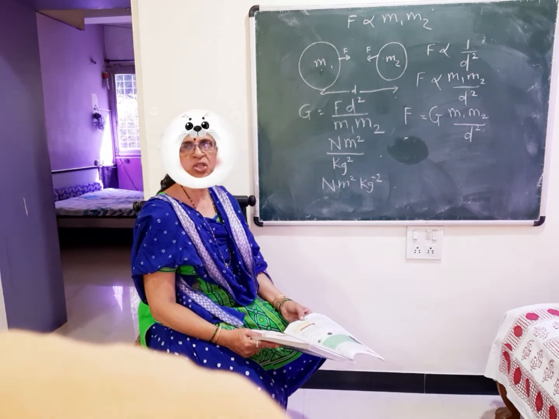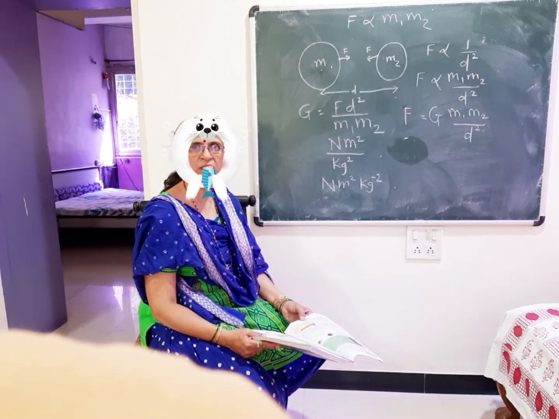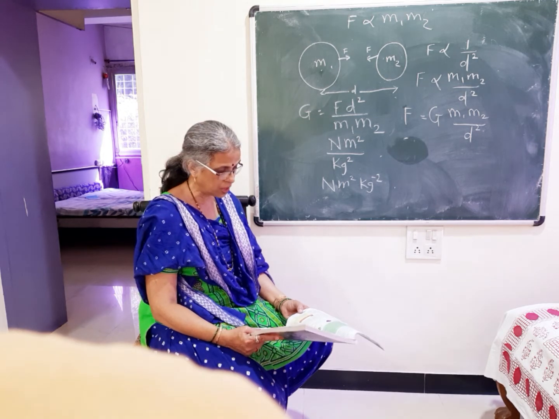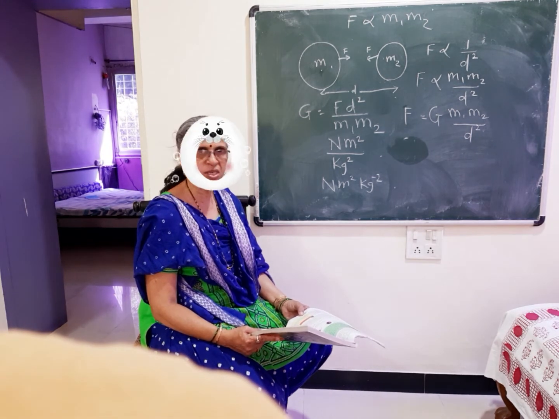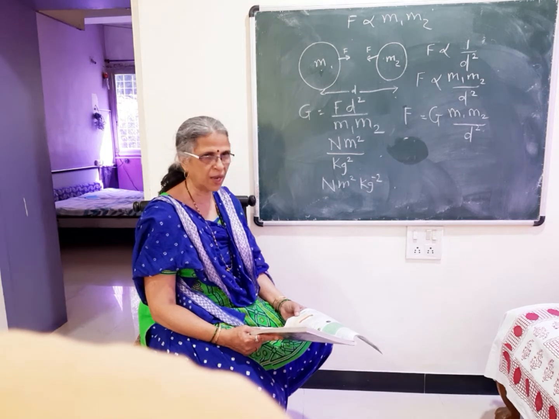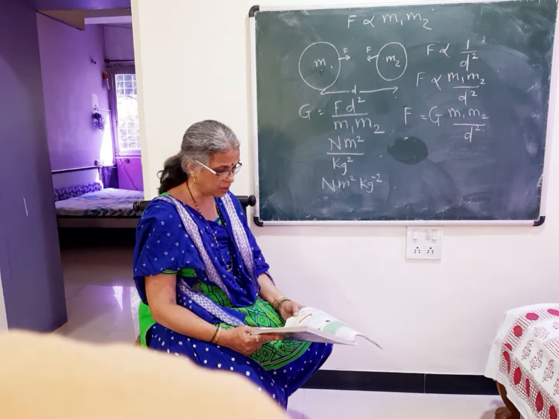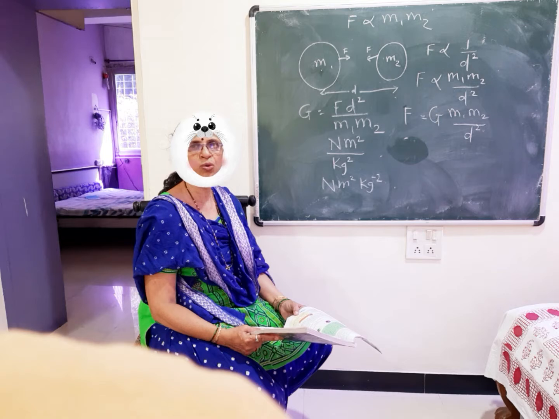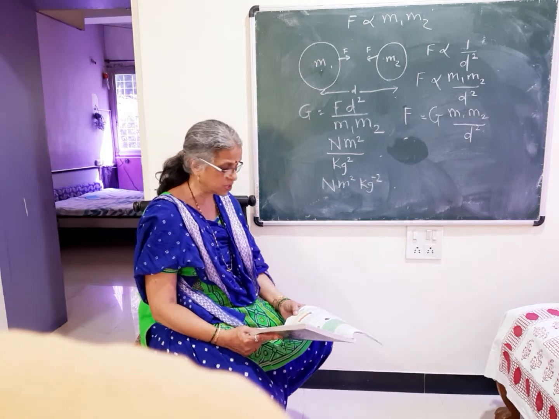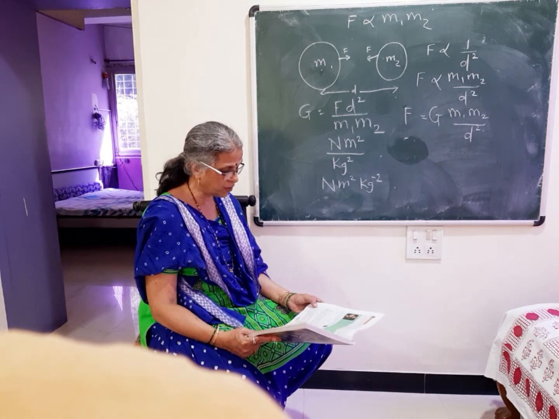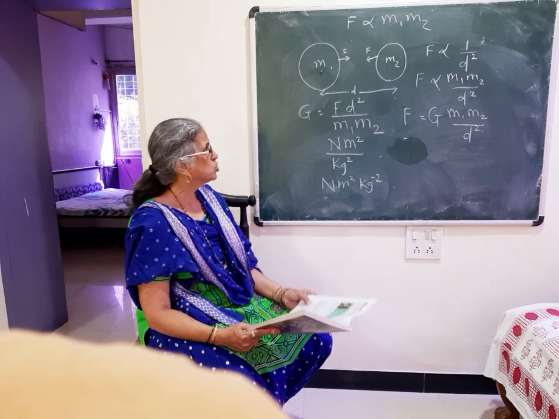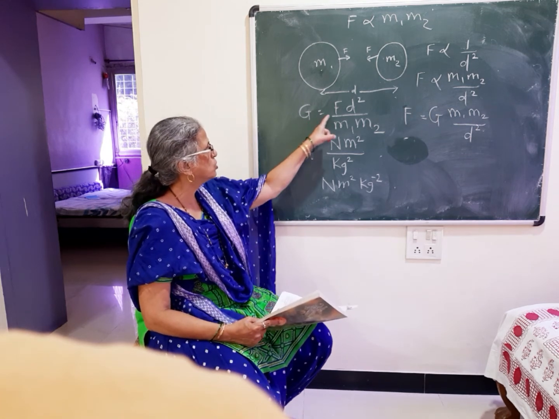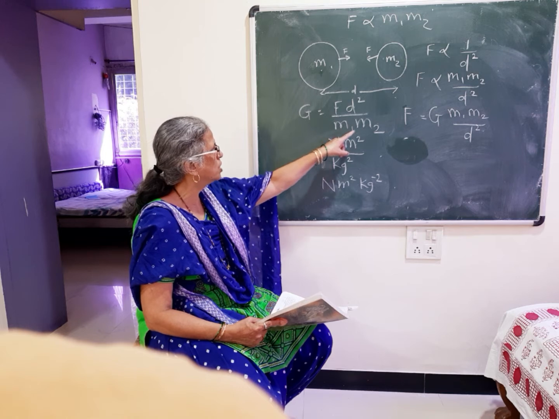The value of G is always constant everywhere in the universe, and that value they have given in your book, which is 6.673 into 10 raised to minus 11. Remember, because this value we are going to use while solving the problems. Then they have given one more definition about G. So here we have G is equal to F d square upon m1 m2.